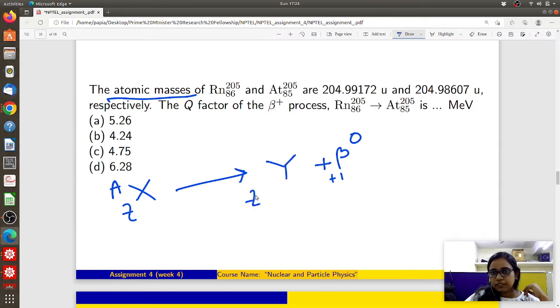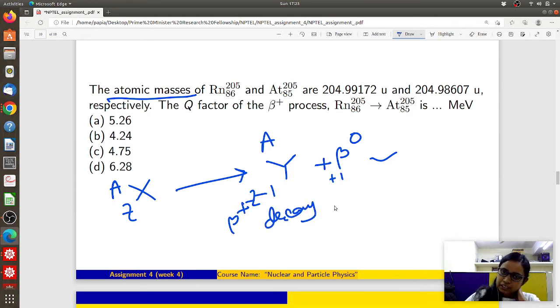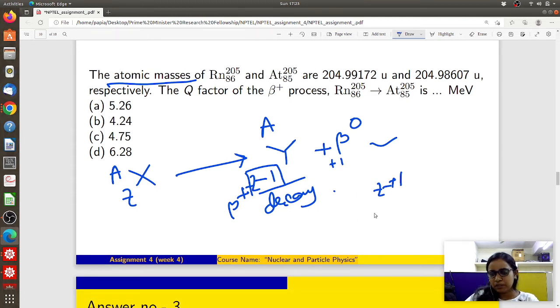Y will be Z minus 1 and A. So this type of expression will be there for beta plus decay. There is a difference between beta plus and beta minus decay: in beta minus decay, Z plus 1 will be the atomic number, and for beta plus, Z minus 1 will be there. So this is the main difference between beta plus and beta minus process.